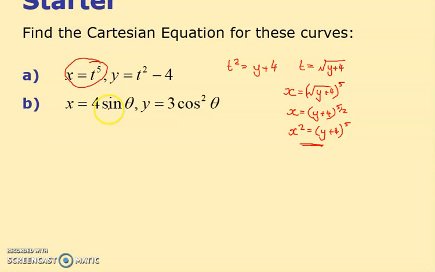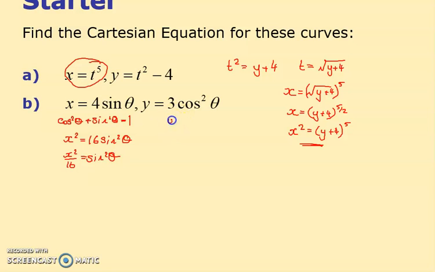This one now, it's got sine and cos again, and I remember this formula that said cos squared theta plus sine squared theta is 1. So if you remember that, you think, well, I've got cos squared already, but just need to square that one. So if I square that one, x squared equals 16 sine squared theta. Now move the, so I've got x squared over 16 is sine squared.